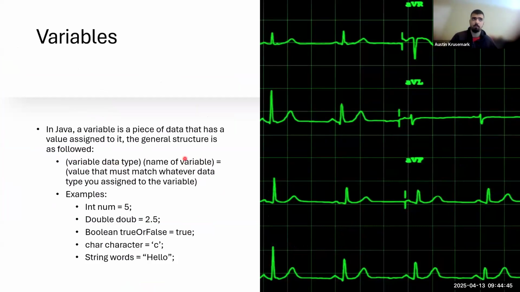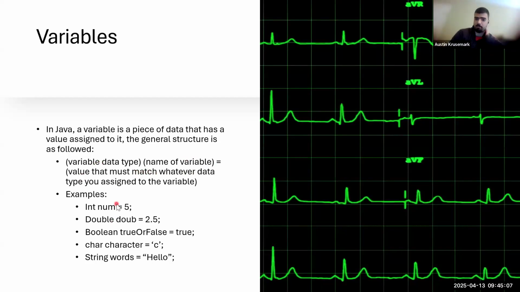You can name it anything, but don't give it a name of a data type, because there's a list of particular words that you cannot use to name variables. It's usually things like commands. And then you set it equal to any value that matches the data type.